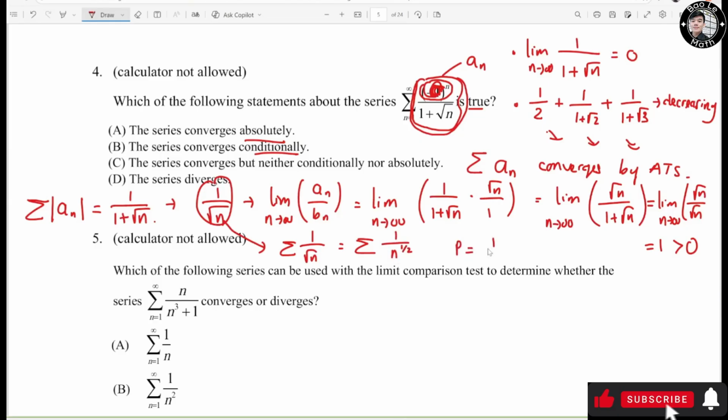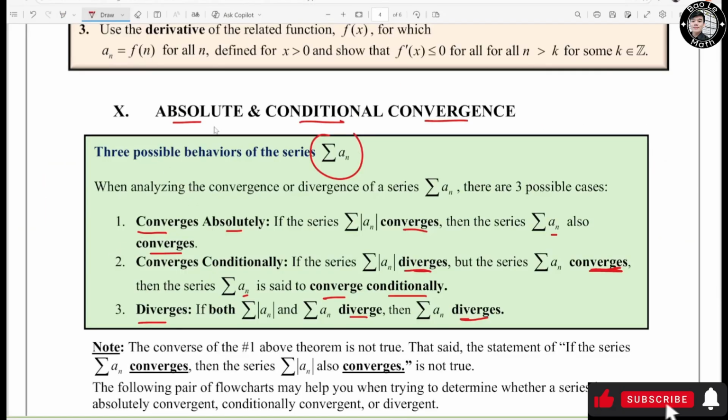P equals 1 over 2, which is less than 1. The series diverges by the p series, right? This one diverges. Now, originally, this one converges by the alternating series test, which is the whole thing right here. Now, we're going to look at this one right here, absolute and conditional convergence.